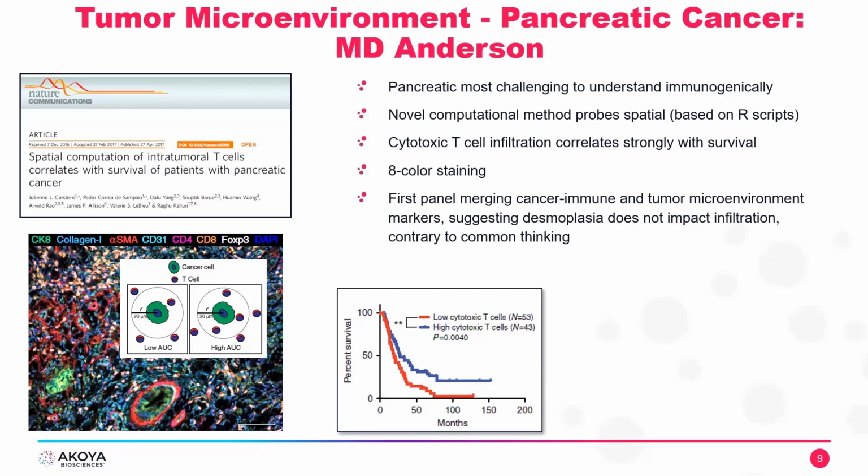And here they could show that the infiltration of immune cells has nothing to do with desmoplasia, which means the extracellular matrix has not such a big impact on the invasion as people suggested before. This is also an interesting study because it was not only done on human samples, but also on mouse samples using really a big mouse panel here. And also here they used the Vectra 3.